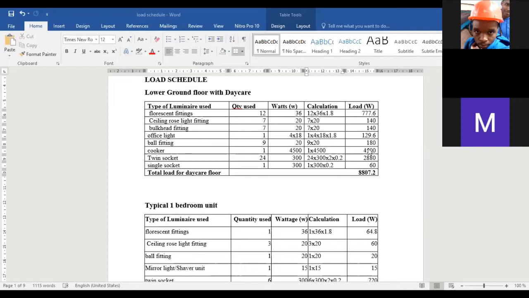Then why is the size of the cable supposed to be more than the size of the breaker? It's because when you have overloaded your circuit, the cable must be able to carry that overload current so that the circuit breaker can safely trip.